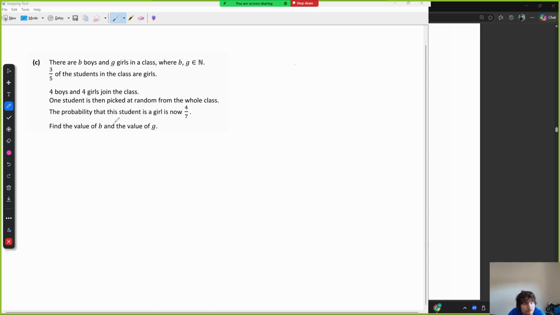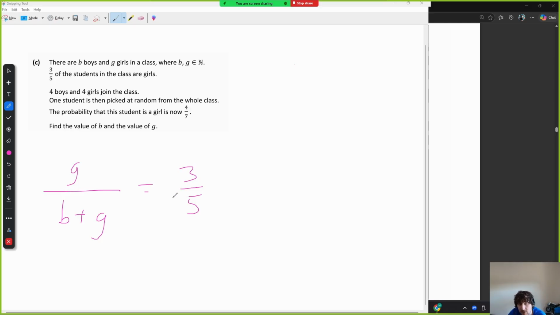Give this a go. Right, so we need to convert these statements into algebra we can work with. 3/5 of the students in the class are girls. So how can we interpret that? The number of people in the class is B plus G. If 3/5 of all the students are girls, the number of girls over the total people in the class is equal to 3/5.